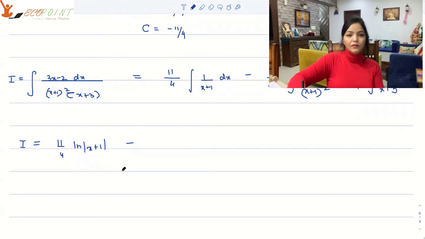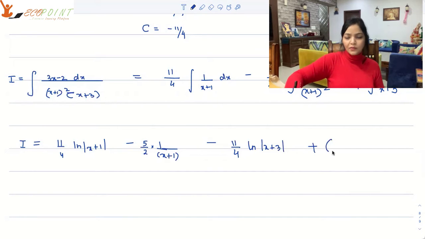For the square term, you don't have a log here. It's going to be minus 5 by 2 times minus 1 upon x plus 1, so plus 5 by 2 times 1 upon x plus 1, and then minus 11 by 4 log mod x plus 3 plus some constant c, right?